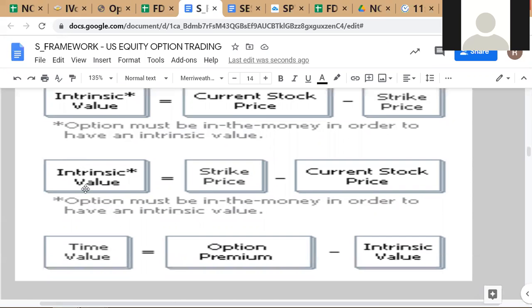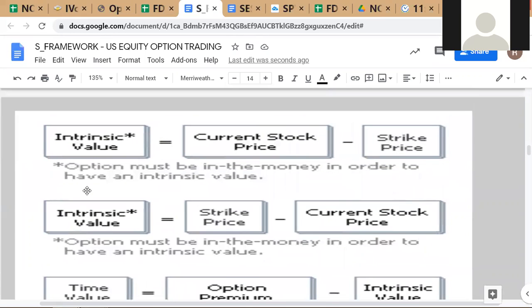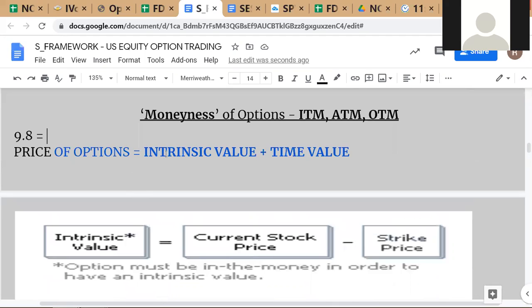This is only for calls, and this is for puts. If we open the hyperlink, we'll see a fuller explanation, but I'll explain the concept. First, I'll write down the concept.